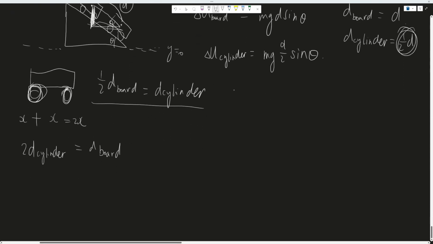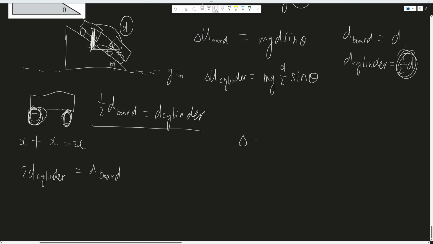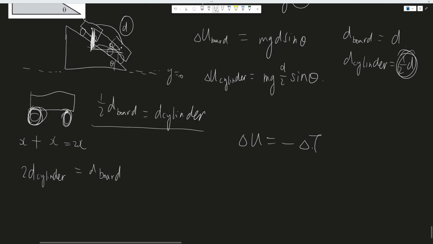And so now let's write out the left side of the formula, that delta U is the negative change of kinetic energy. So the potential energy that the system lost is mg d sine theta plus 2, because there are two cylinders, times mg half d sine theta.